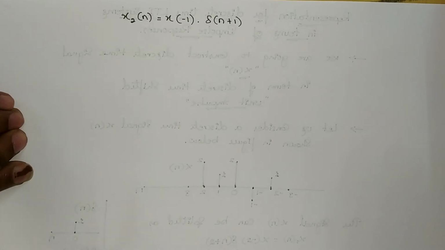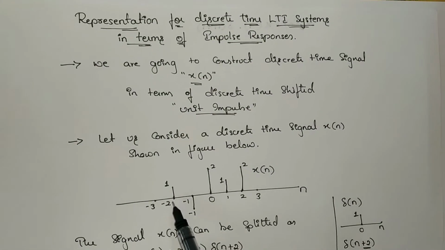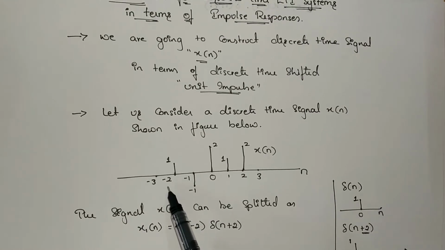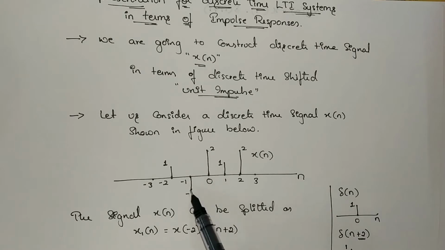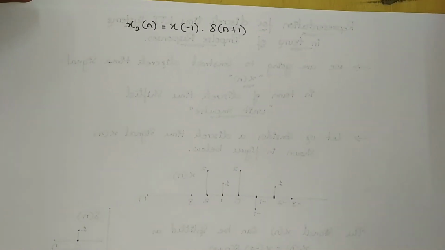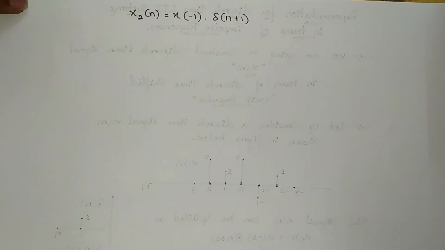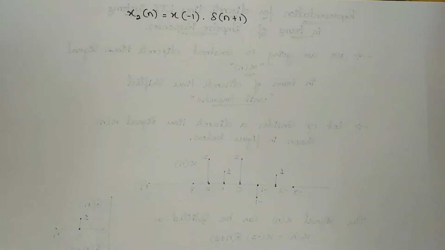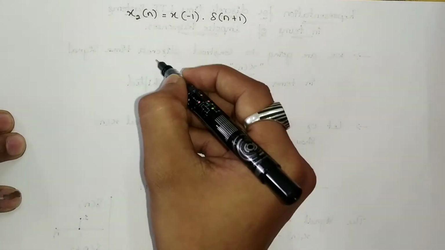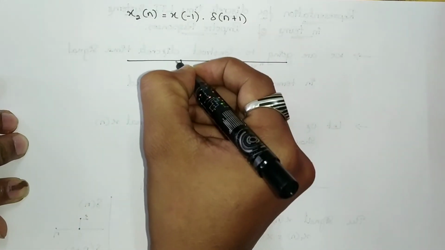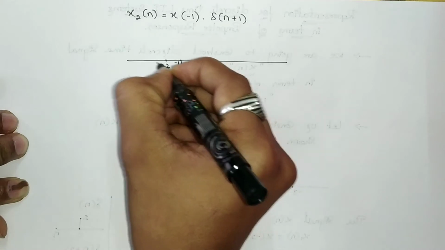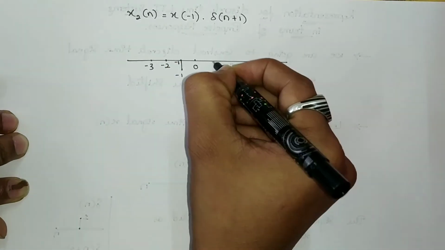As I said, firstly we took x of minus 2 into delta of n plus 2 for the value at minus 2. Now we are taking it for the next signal. x2 of n is equal to x of minus 1 into delta of n plus 1. The signal will be minus 1 at n is equal to minus 1, and the remaining parts are not mentioned.